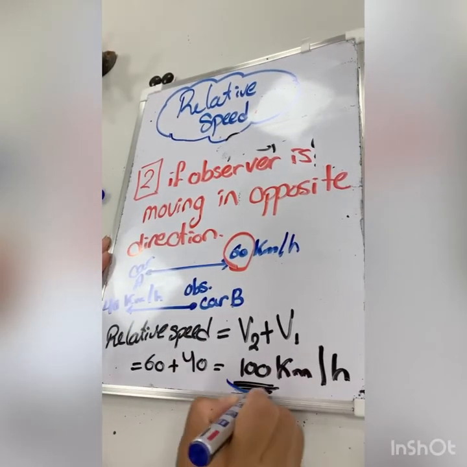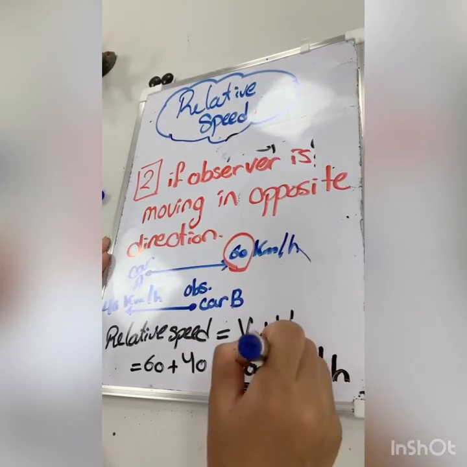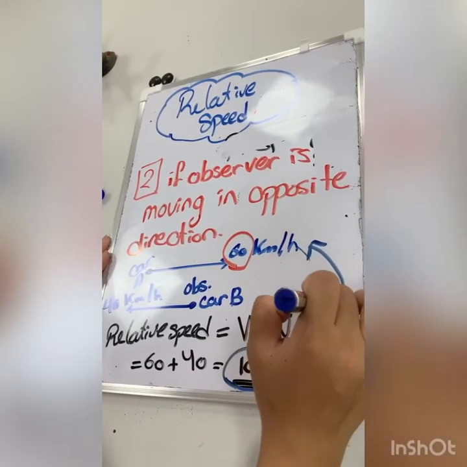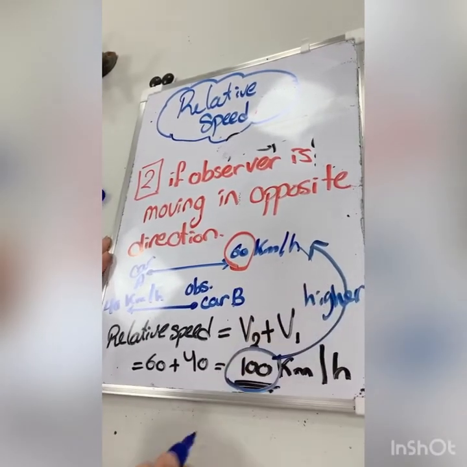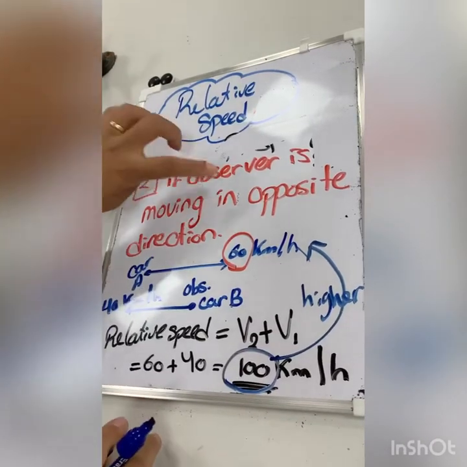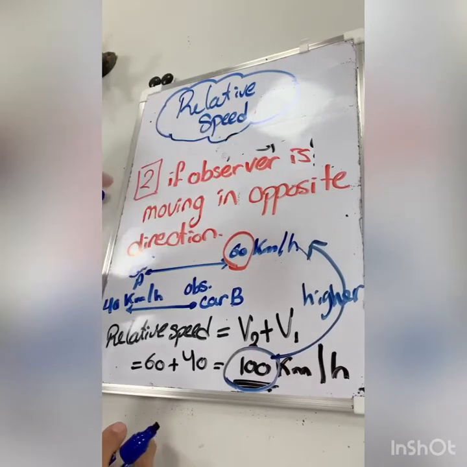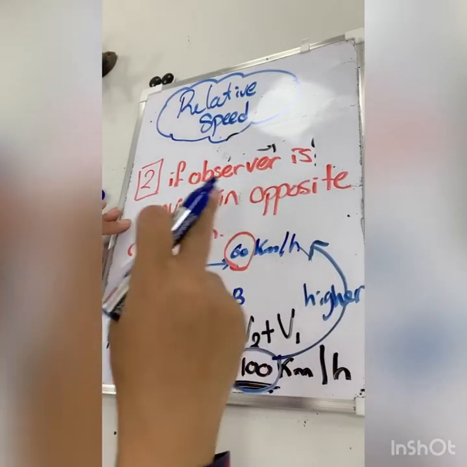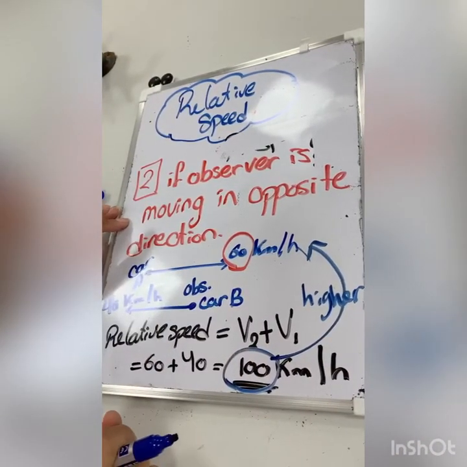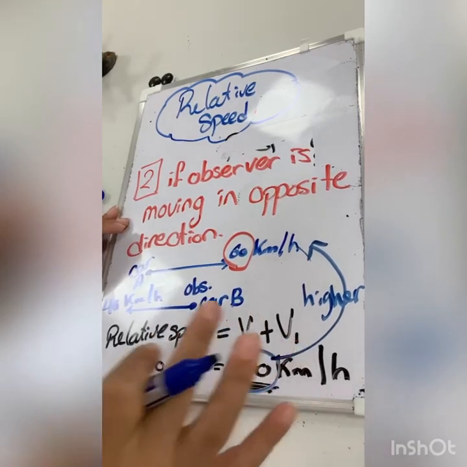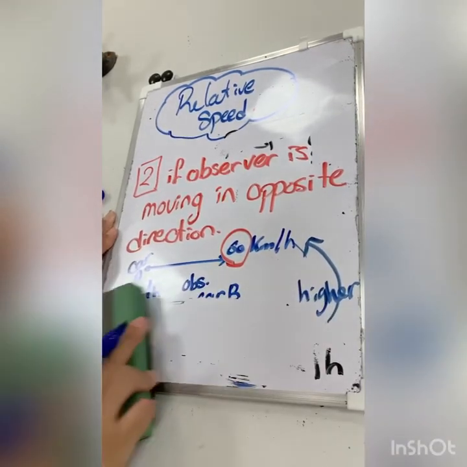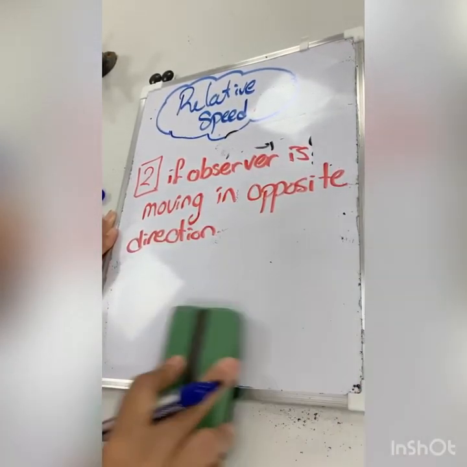Is this speed higher or lower than the actual speed? It's higher than the actual speed. So the relative speed in this case, when the observer is moving in the opposite direction, will be higher than the actual speed and it will equal V2 plus V1. Let's write the law.